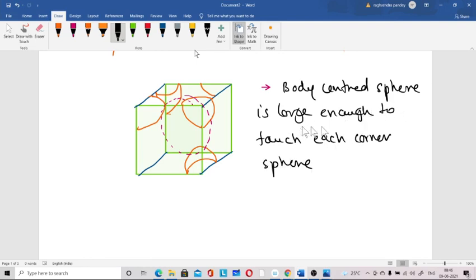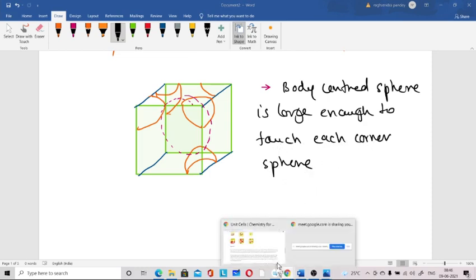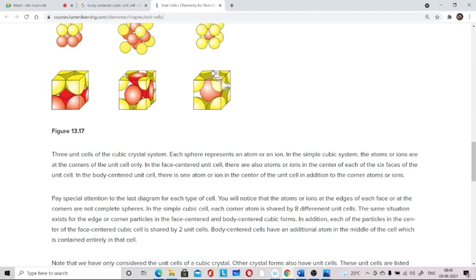Now you see here, this red sphere is touching the yellow sphere. This sphere is touching this sphere, this sphere, this sphere. So all the spheres at the corners are touching the body centered sphere, but corner spheres are not touching each other.